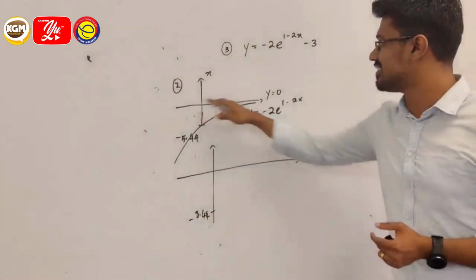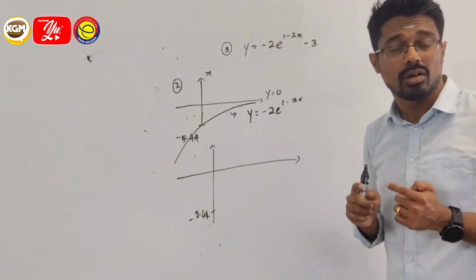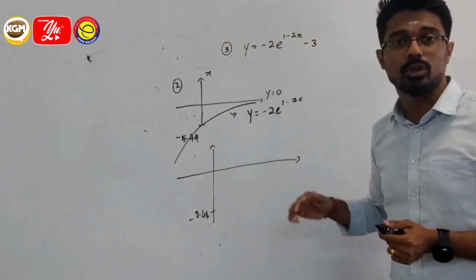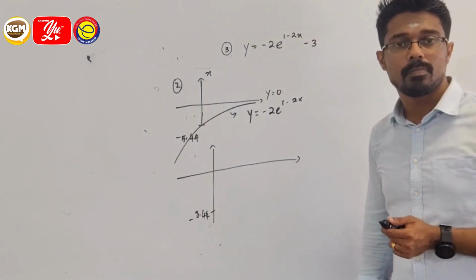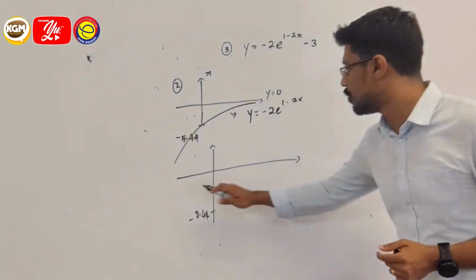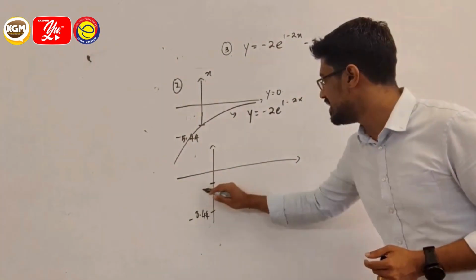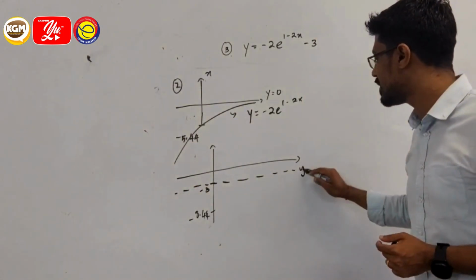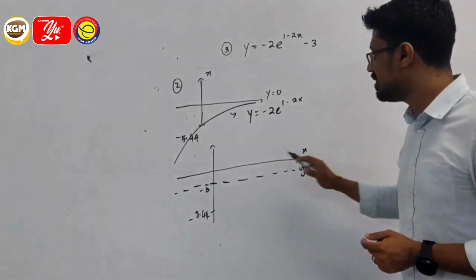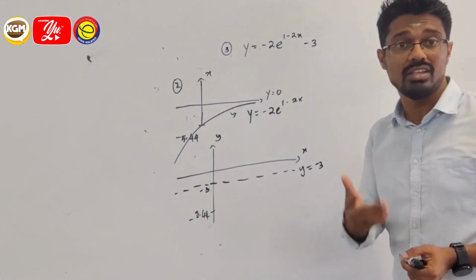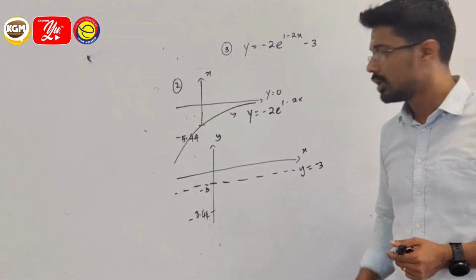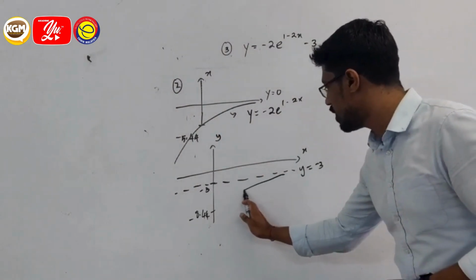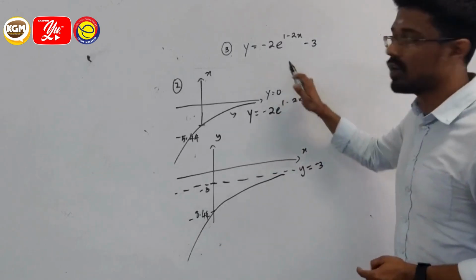And although it is mathematically incorrect, just imagine this horizontal asymptote has been dragged down by 3 units. So instead of y equals 0, you now have y equals negative 3. This is where my horizontal asymptote is going to be. As I say, mathematically it is incorrect, but it makes our life easier when you want to draw the graph. The shape still remains the same. So this is our final graph for this function.